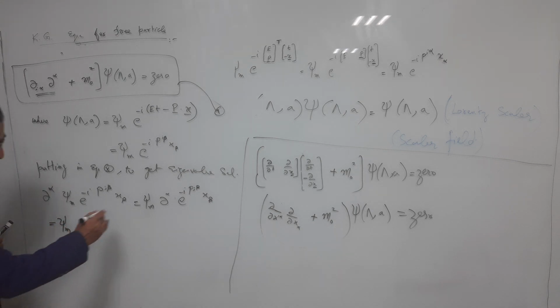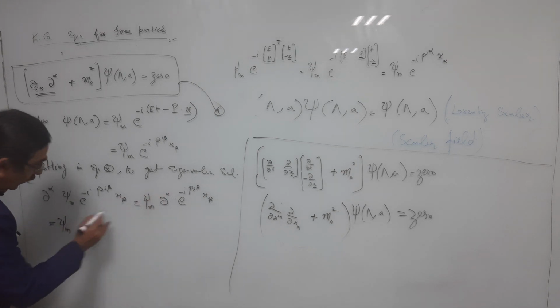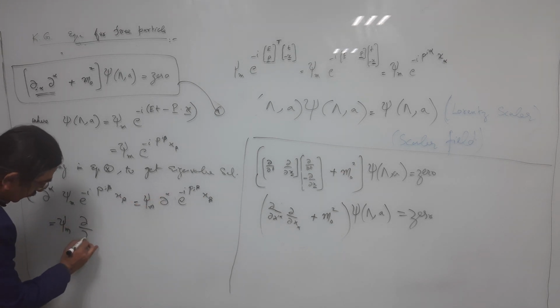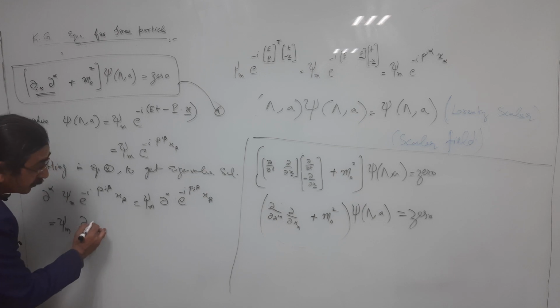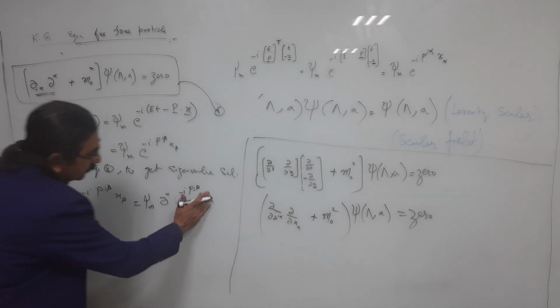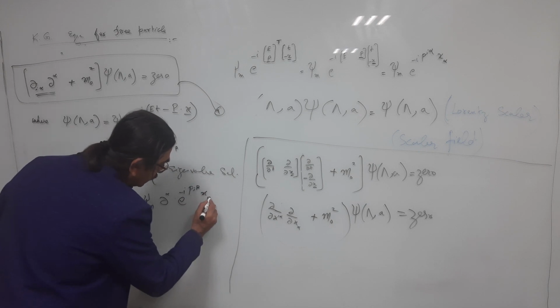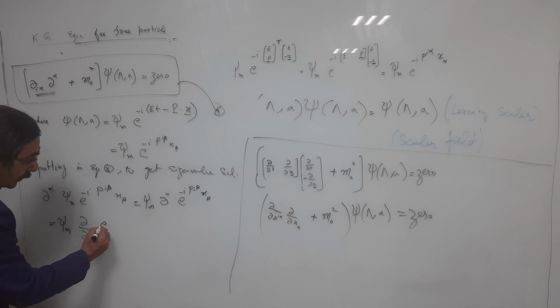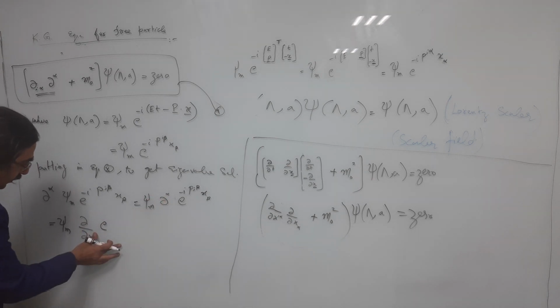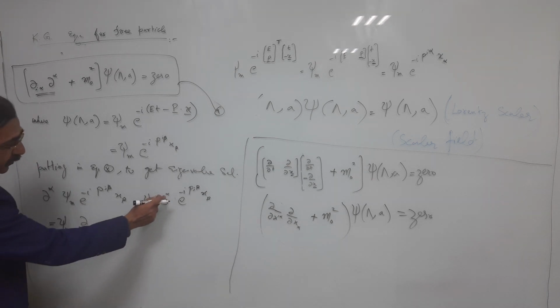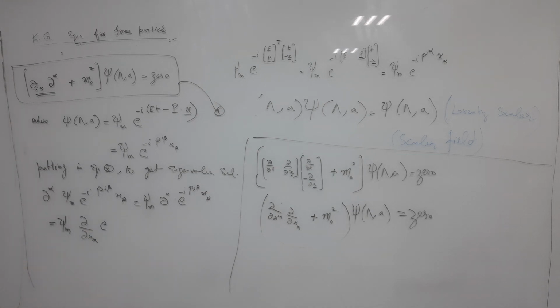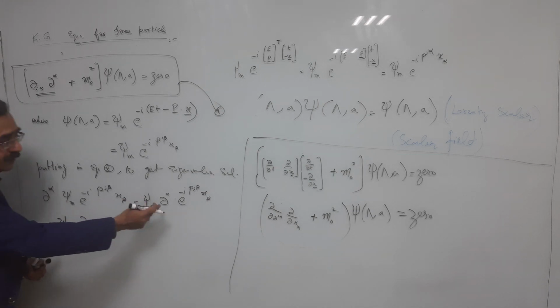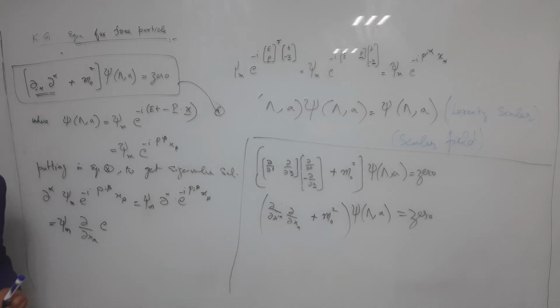Psi m. What is this? This is contravariant. This must be contravariant, meaning covariant. If it is contravariant, then in the denominator that will be covariant.